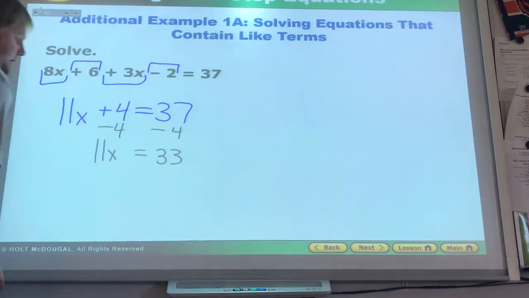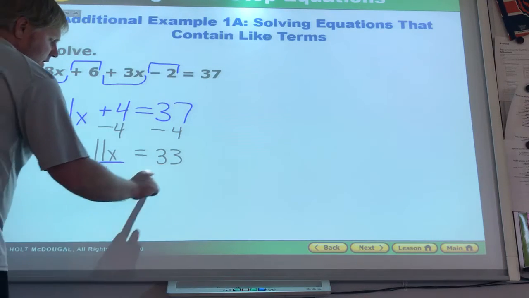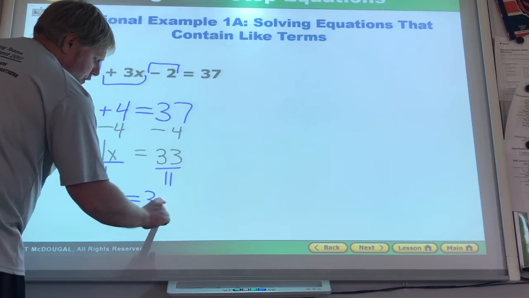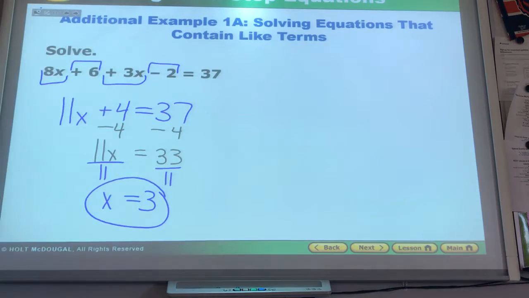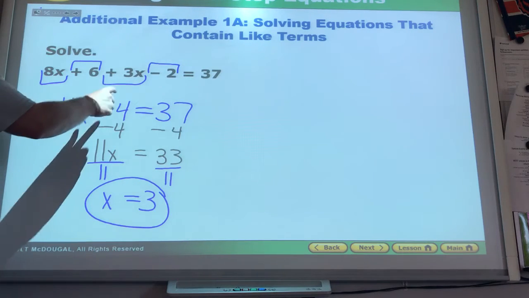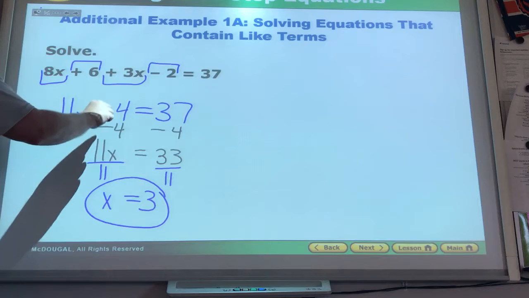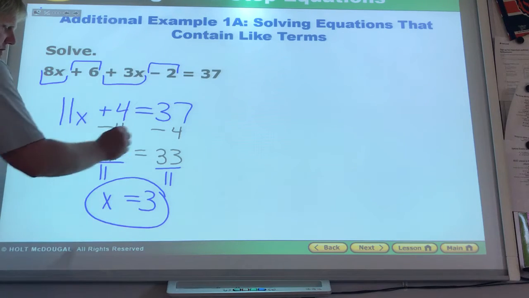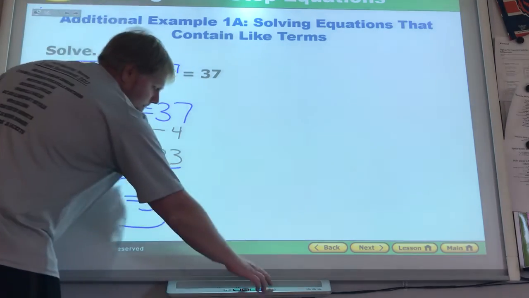And then the third and final step, I divide by 11, x then equals 3, and I have my solution. First, add like terms and get the new item where it's simplified. Then, start with addition and subtraction to try to get that variable by itself. Good, now variable by itself with a number, use division and multiplication, and we get to our answer.